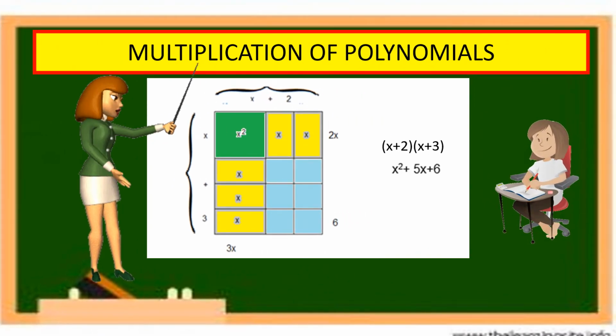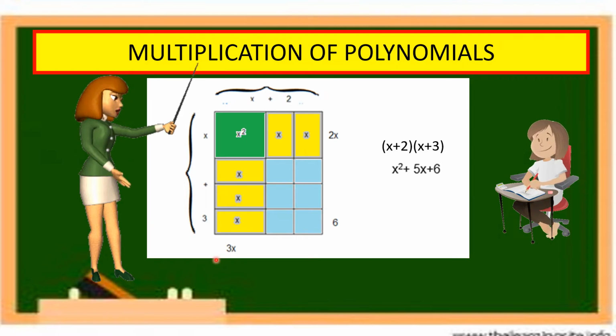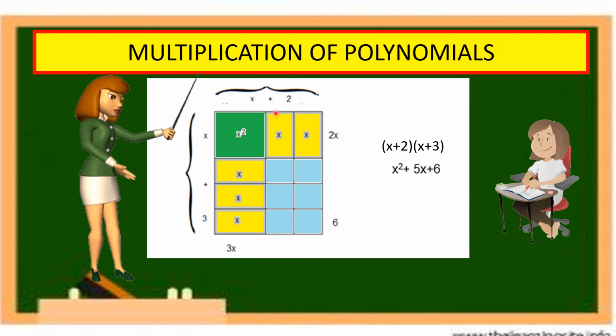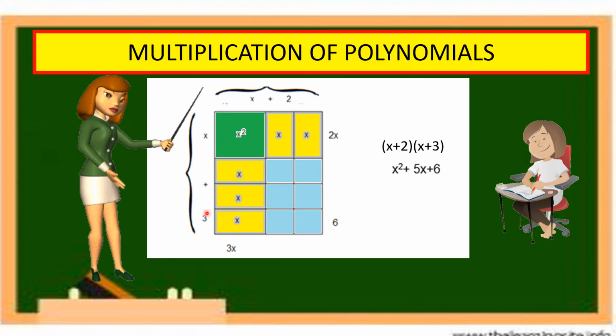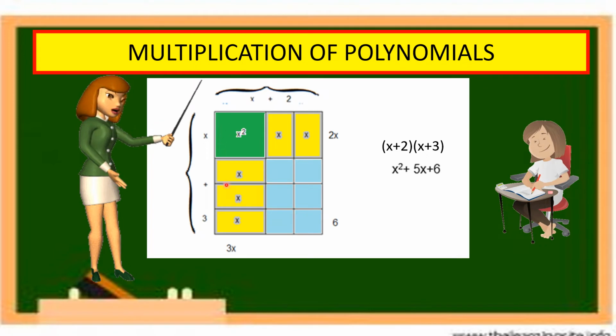We can make use of tiles in multiplying polynomials. So we have the given x plus 2 to be multiplied by x plus 3. This is x, this is 2. This is x, this is 3. So the quantity of x plus 2 times the quantity of x plus 3.